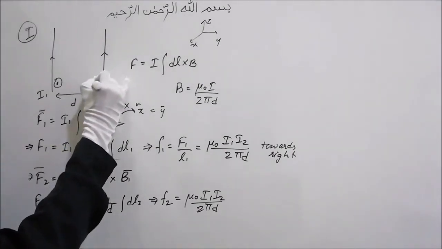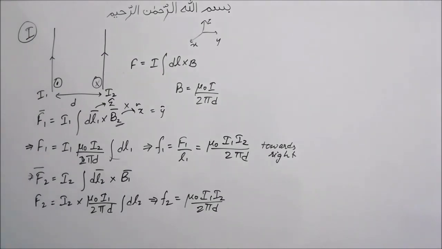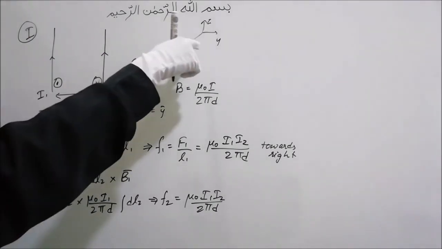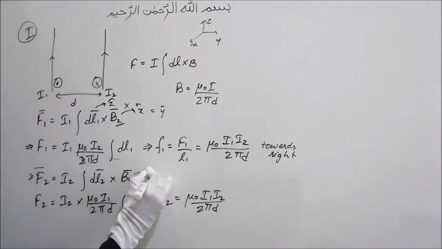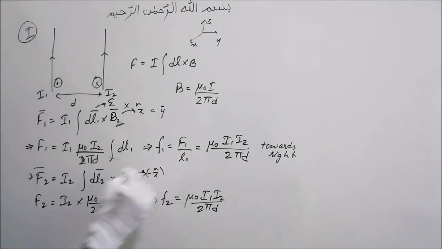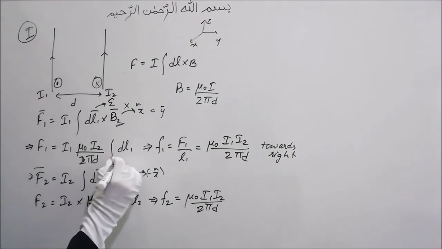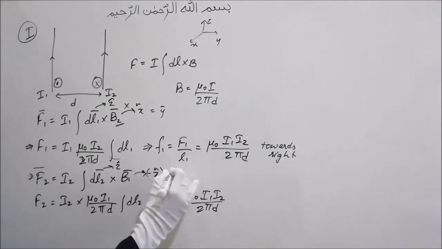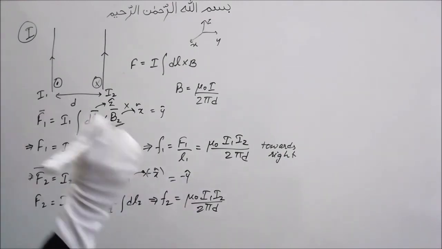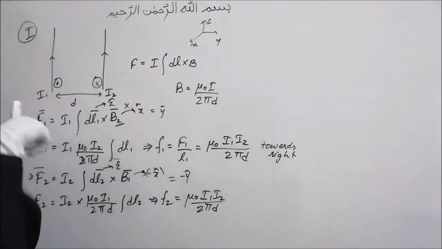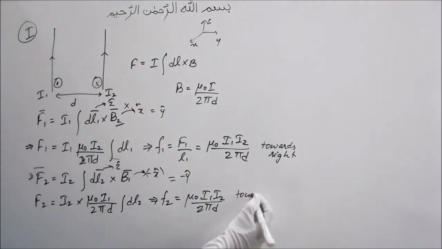So B1 is going to be inside, that means the minus x hat direction. dl2 is in the same direction as I2, which is upwards, the z hat direction. What is z cross minus x? That is the minus y hat direction. Minus y hat means the left side. So this force is acting towards the left.